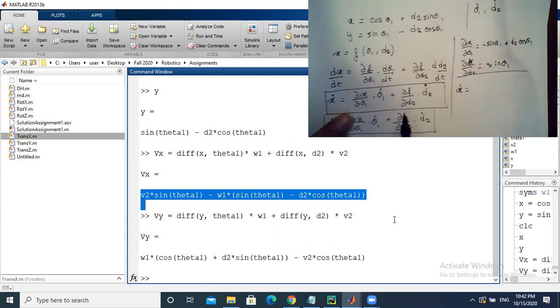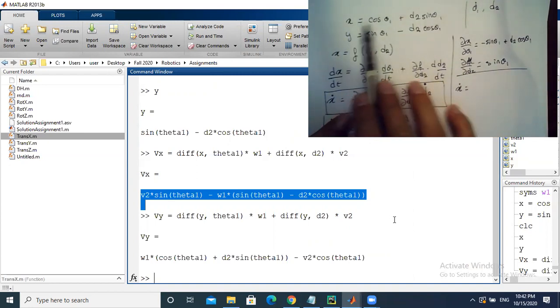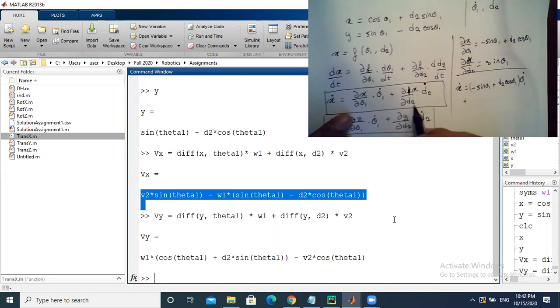And differentiating x, sorry guys, this is x, dx dd2 is equal to sine theta 1. So x prime is equal to minus sine theta 1 plus d2 cosine theta 1, multiplied by theta 1 prime, plus dx d2, which is sine theta 1, multiplied by d2 prime.